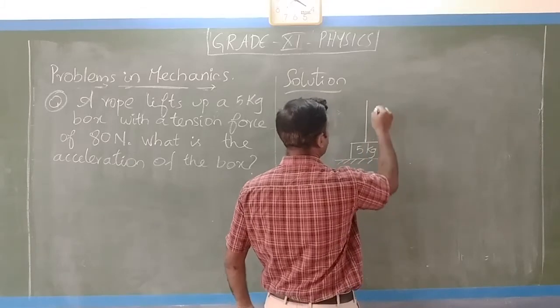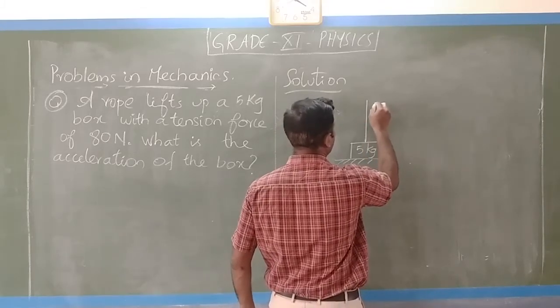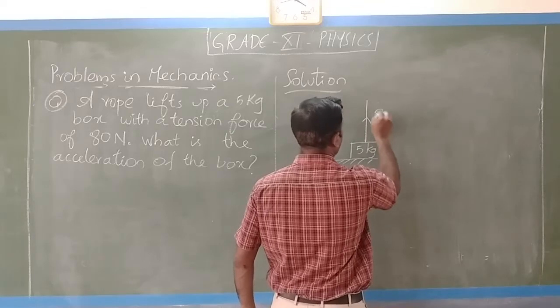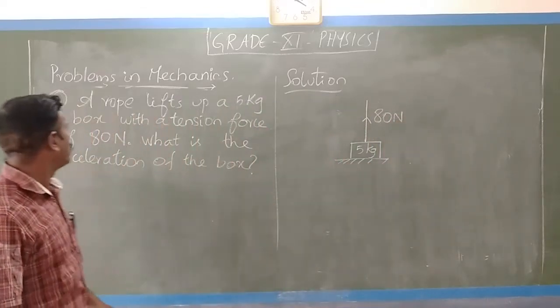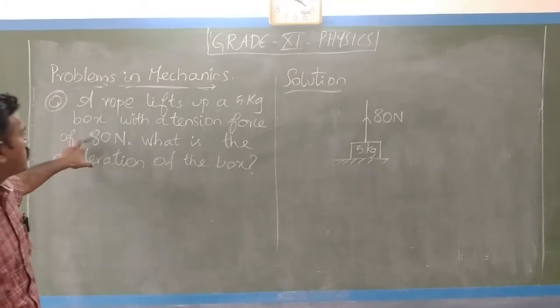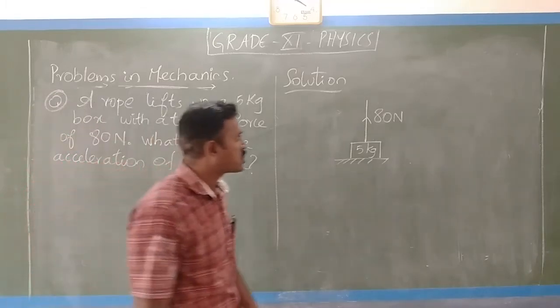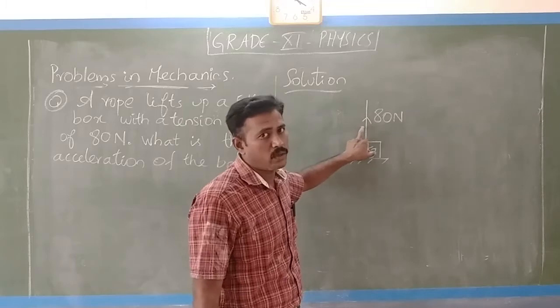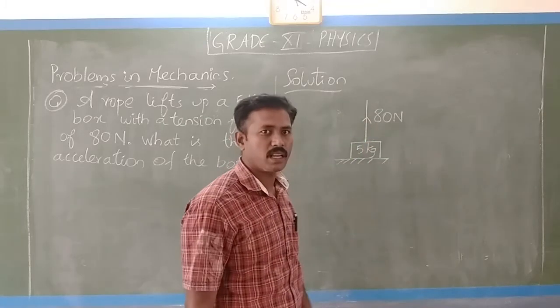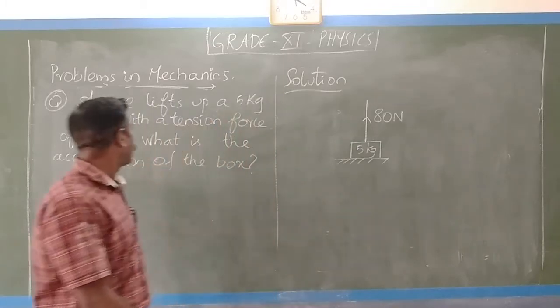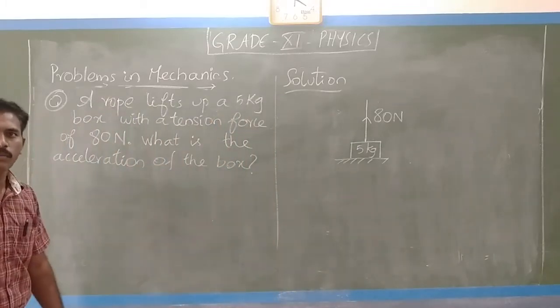So 5 kg mass, this is the rope. What is the force given by this? 80 Newton force, so a tension force of 80 Newton. So the tension in the rope is 80 Newton, and with this tension force a 5 kg mass is being lifted. What we have to find? What is the acceleration of the box?